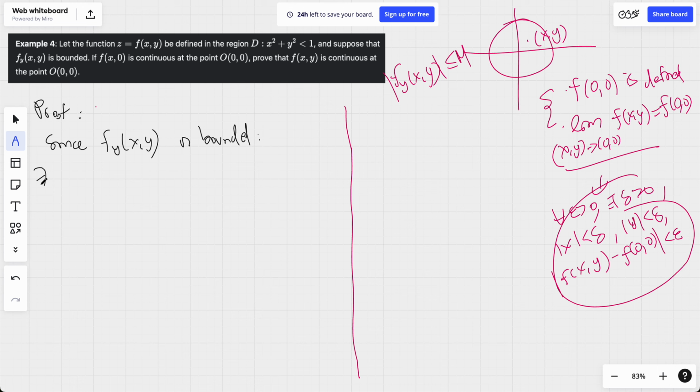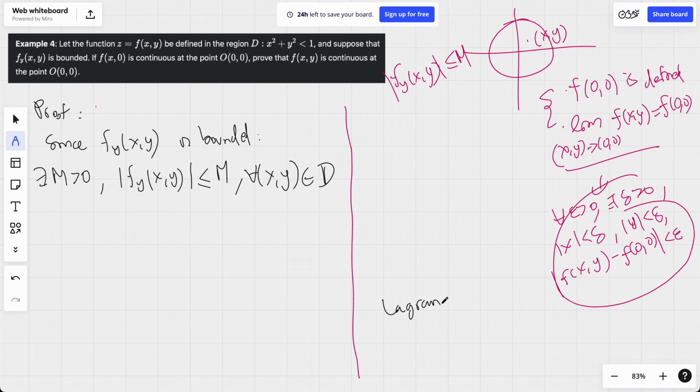That means there exists a positive value m, where the absolute value of this y partial derivative of f(x, y) has to be smaller than or equal to m for all (x, y) belonging to the domain. That's what we have. And now we're going to use the Lagrange theorem, or the mean value theorem.